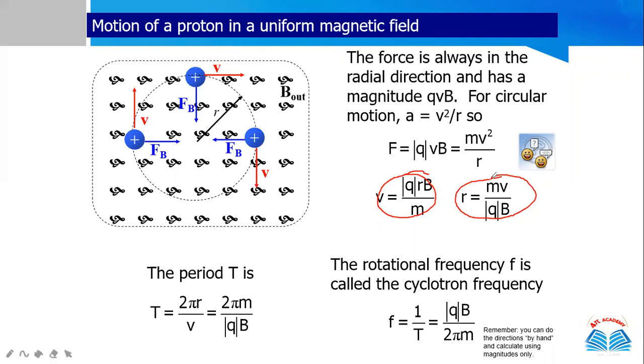For now, just remember these formulas for a charge moving under the influence of a uniform magnetic field: velocity v equals qrB over m, radius r equals mv over qB, time period T equals 2 pi m over qB, and rotational frequency f equals qB over 2 pi m.